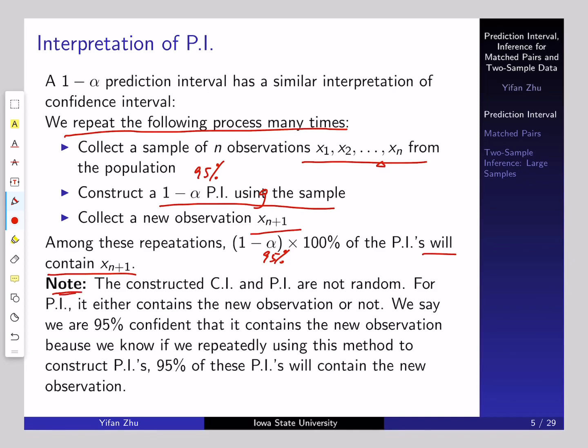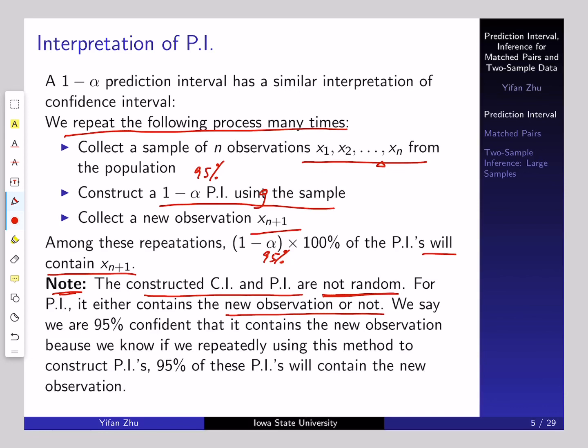From this interpretation, you should know that the constructed CI or PI is not random. For the PI, each time you construct it, it either contains the new observation or not. There is no probability involved.